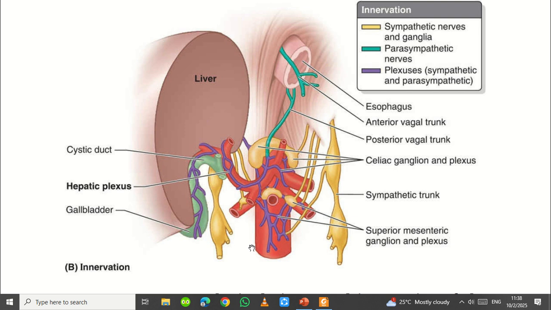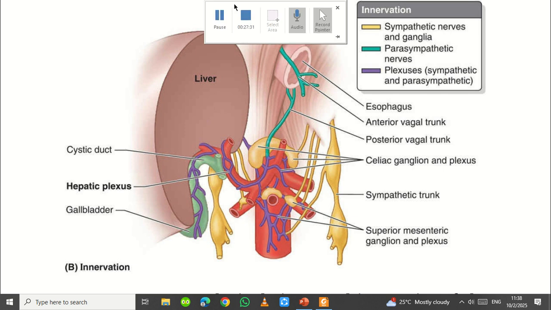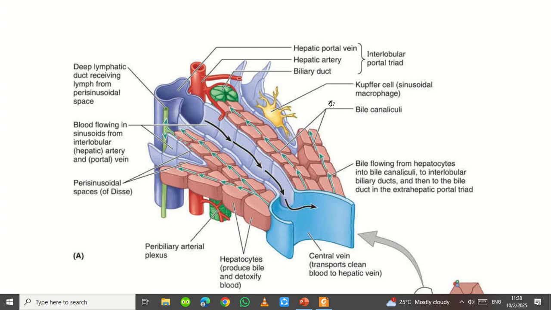So that's everything that you have to know and understand about the anatomy of the liver. Before I close, I want to show you something that is very interesting. Right here, you have a section of how the liver functions.